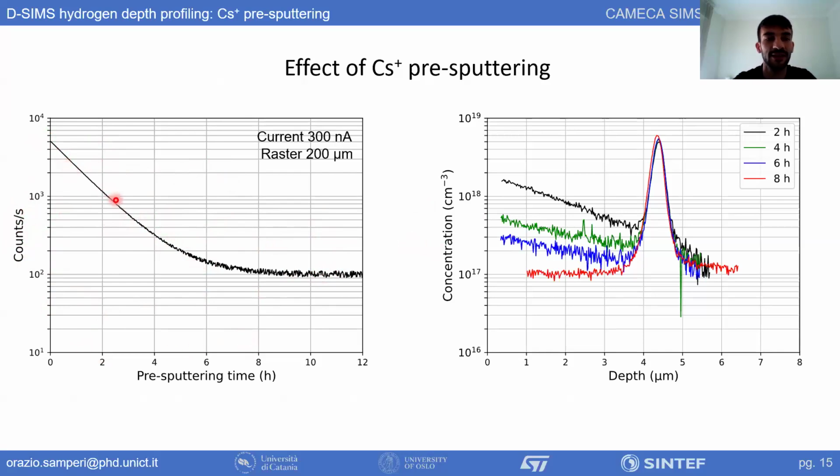As you can see, the signal goes lower and lower, and at some point you reach a kind of plateau. It means that the signal becomes more or less stable. It's not really true, but at some point the rate of lowering is so low that you cannot observe any lowering.